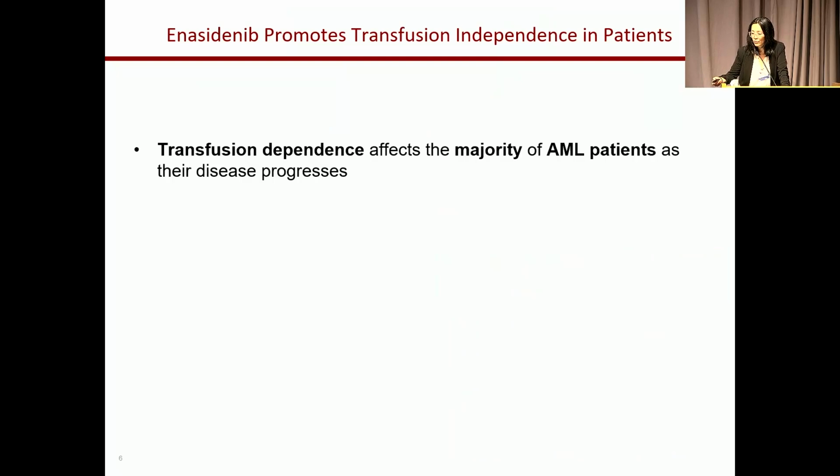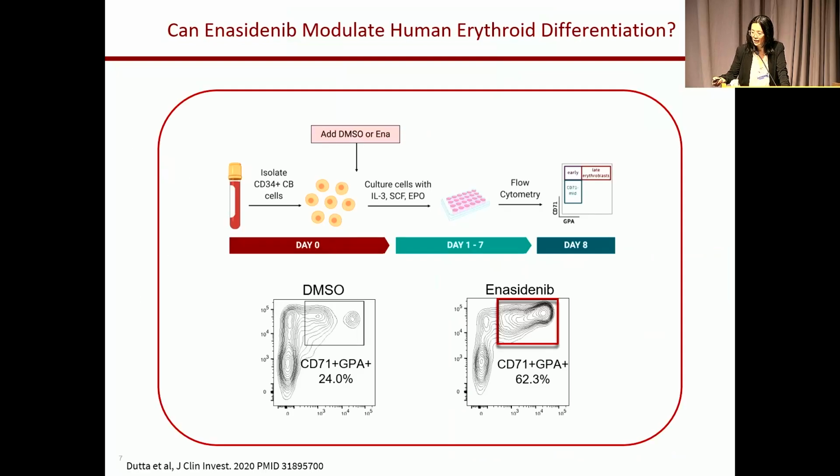For time's sake, I'll just skip through to the experimental design. We simply wanted to see if Enasidenib by itself can differentiate CD34 positive HSPCs from cord blood to make red blood cells, by doing a very simple in vitro erythropoiesis assay, differentiating them in the setting of IL-3, stem cell factor, and EPO.